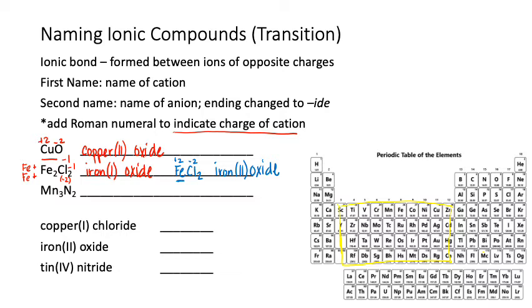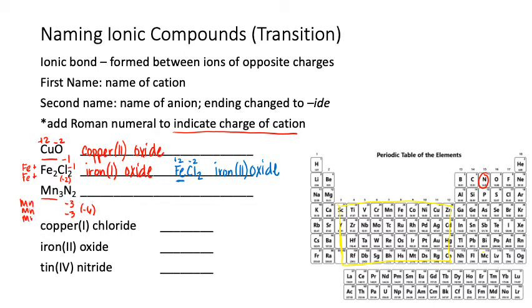For the next one, we have manganese and nitrogen. In this case, it says we have 2 nitrogen. If I find nitrogen on the periodic table, that's in group 15, so it's going to carry a -3 charge. And we have 2 of them, so now we're at a total of -6. Over here with manganese, it indicates that we have 3 of them.